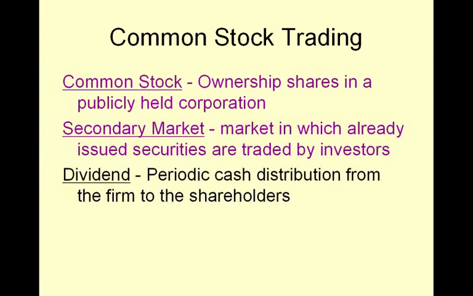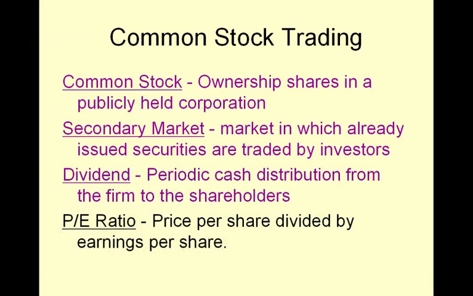Third term is a dividend, which is a periodic cash distribution from the firm to the shareholders. A dividend payment in cash flow terms is analogous to an interest payment to a bondholder. The price-earnings ratio is the price per share divided by the earnings per share.